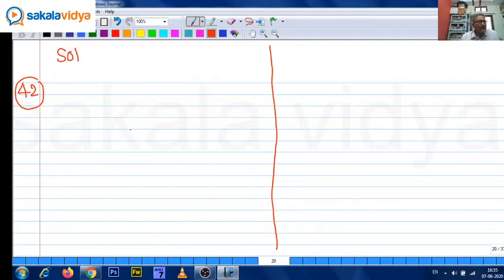Two successive terms in the expansion (1 plus x) whole to the power of 24 whose coefficients are in the ratio 4:1. That means let TR and TR plus 1 be the terms because they are the successive terms.